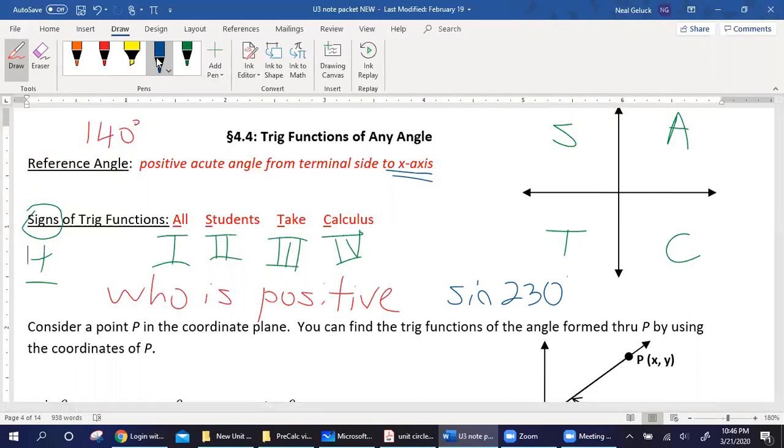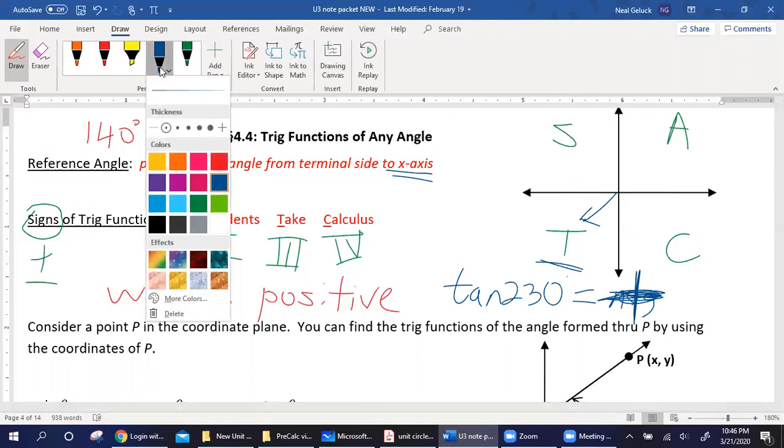Would it be positive or negative? Well, 230 would land in the third quadrant. In the third quadrant, only the tangent is positive. So I know the sine of 230 degrees is going to be a negative number. If I had asked for the tangent of 230 degrees, it would have been positive then.